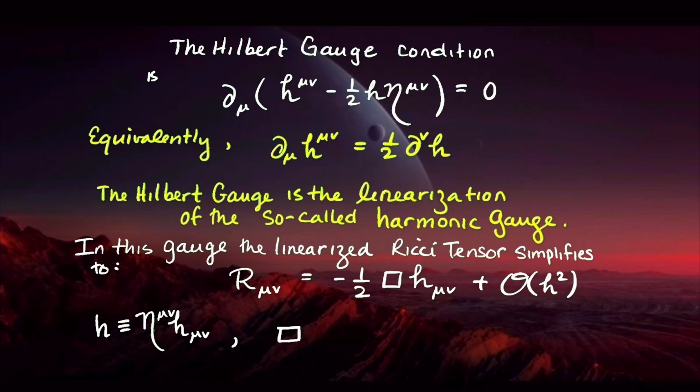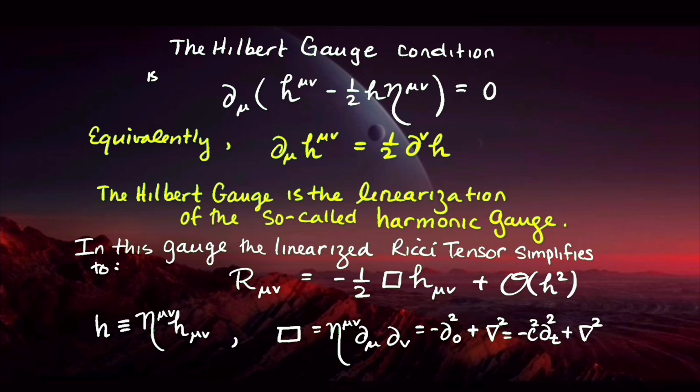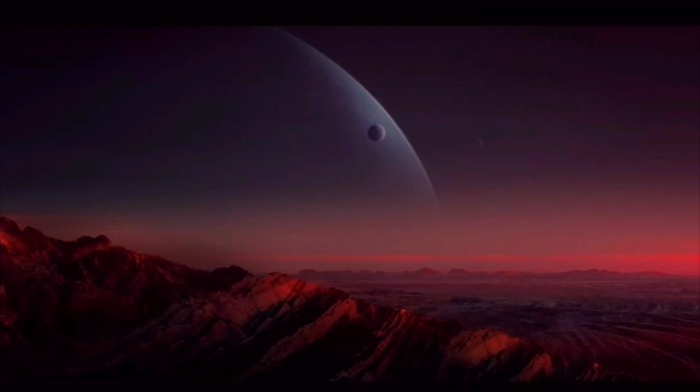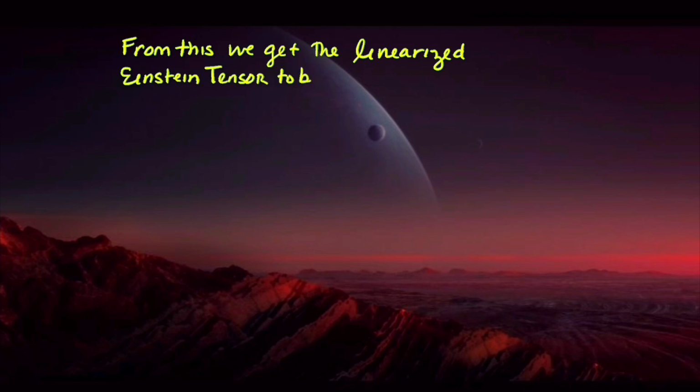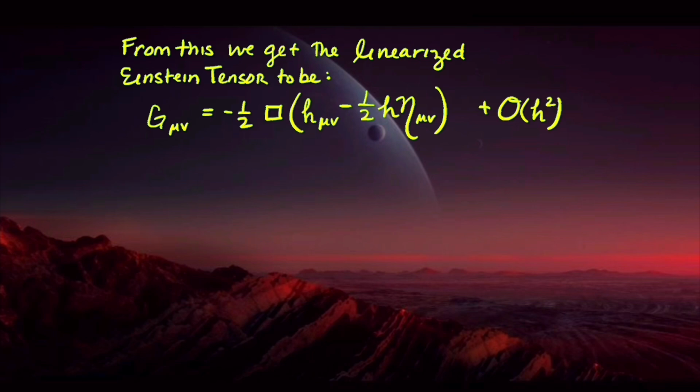This gauge linearized gives the Ricci tensor simplified here, again with the wave operator being defined in this way, with the del operator incorporated into that. Now, from this we get the linearized Einstein tensor G mu nu equals this expression.